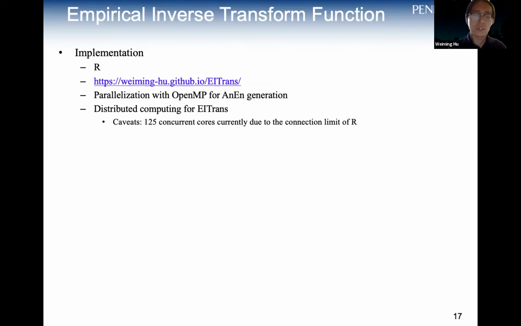My experience with OpenMPI with R has been mixed, and sometimes there are weird situations that don't terminate. So I'm actually using sockets, and R limits the number of concurrent connections for sockets. So that is something to be done.